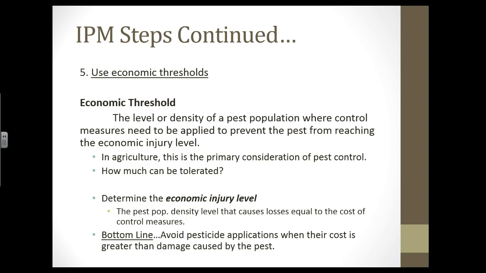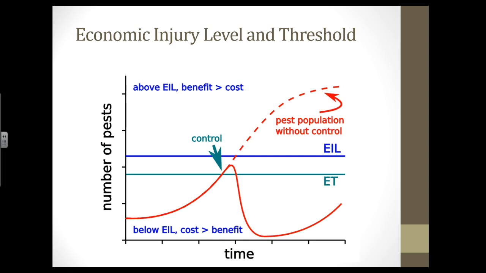So our economic threshold. I'm glad that they showed a space here, but this difference between threshold and entry level is sort of exaggerated a little bit for our point. But if I have just an existence of pests, that doesn't necessarily justify an action.